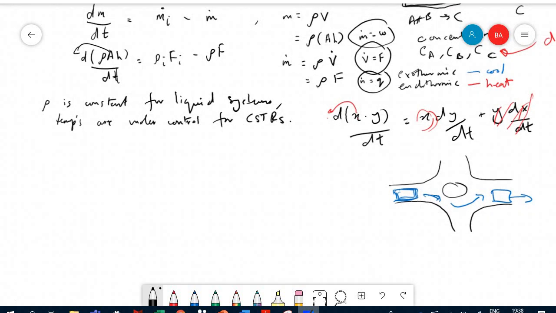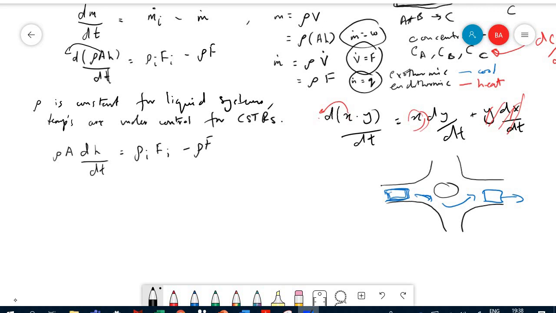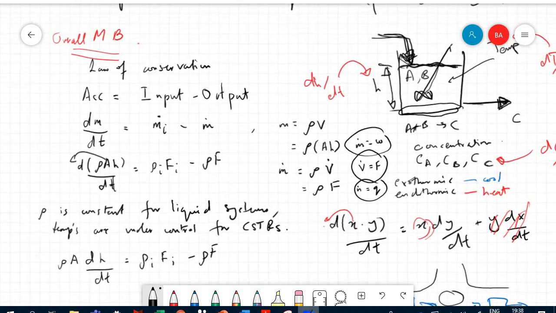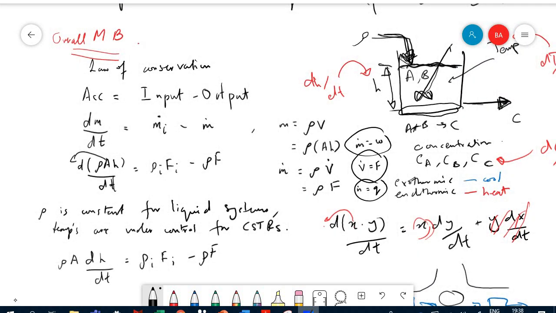So let's continue. This will now be rho A, which are constants, times dh/dt equals rho_in F_in minus rho F. Now, if you can see here, we have rho_in and rho. Are they the same terms? Well, the density of what's getting in could be different from the density leaving the system, especially as I'm having a reaction here.